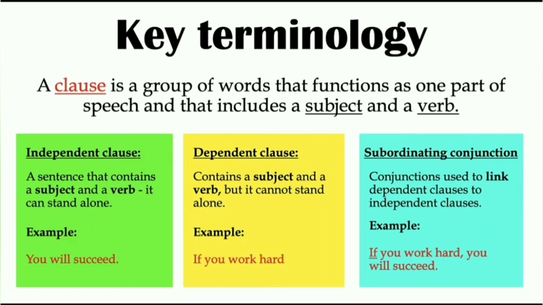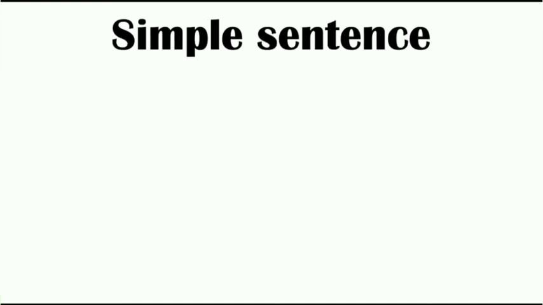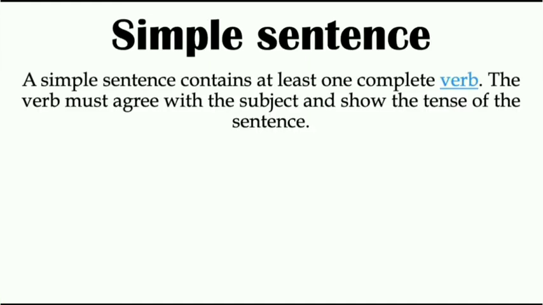sentence structures. Simple sentence. A simple sentence contains at least one complete verb. The verb must agree with the subject and show the tense of the sentence. Let's take a look at an example. Sally kicks the ball.